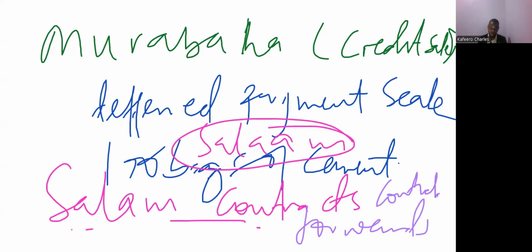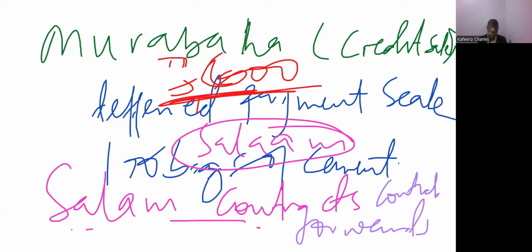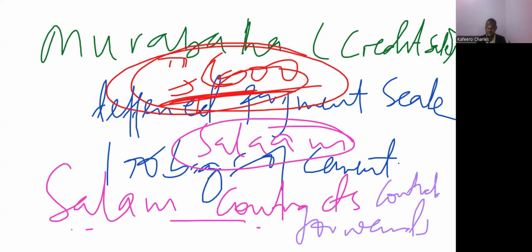In other words, if you realize that the exchange rate is fixed today, let's assume that the dollar rate to the shilling is 36 shillings, and you expect that the dollar might keep on changing or it might increase, then you can sign an agreement that you will be making payments at this fixed dollar rate.